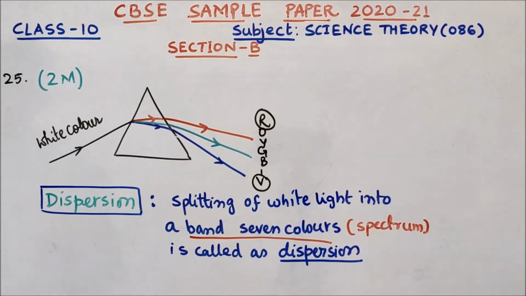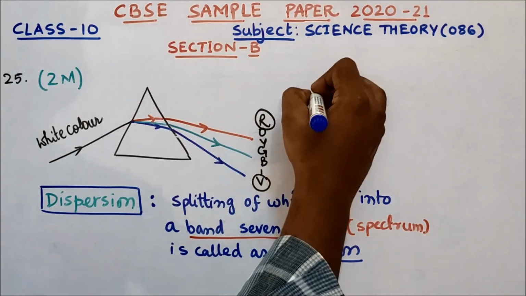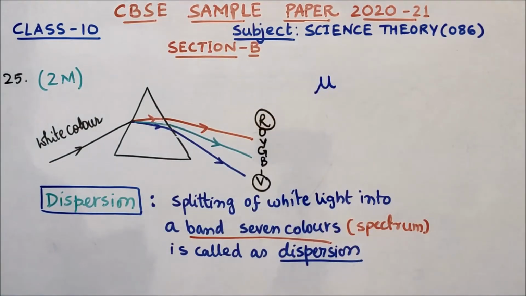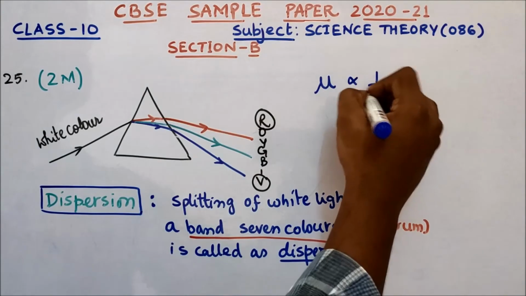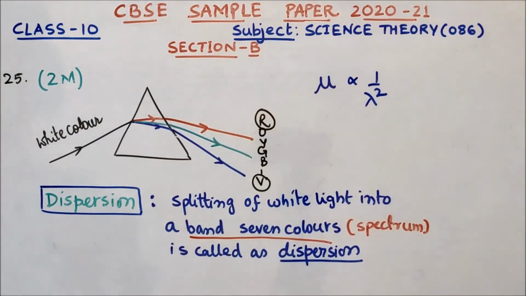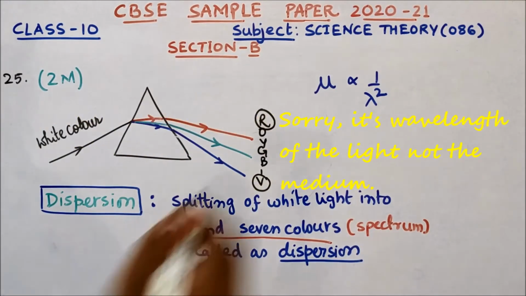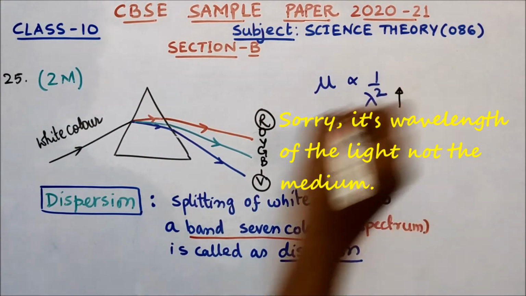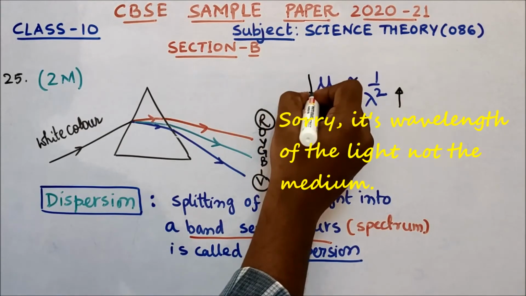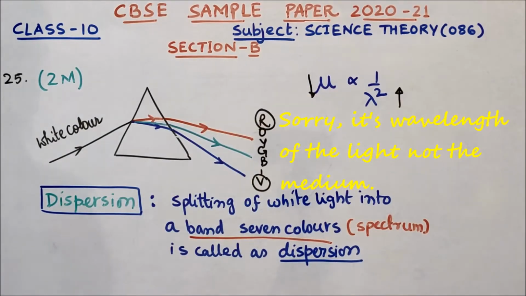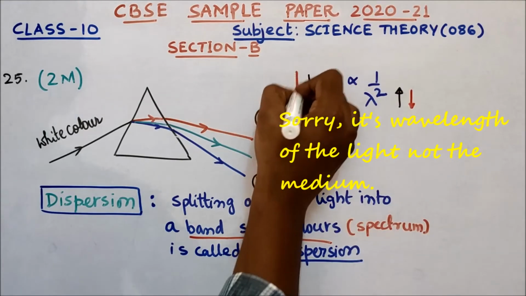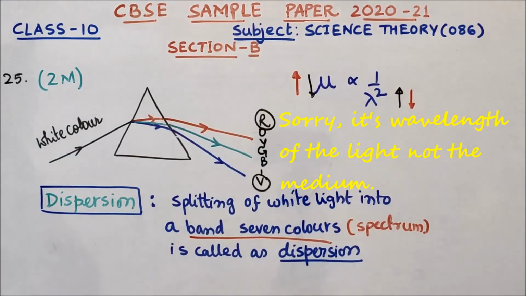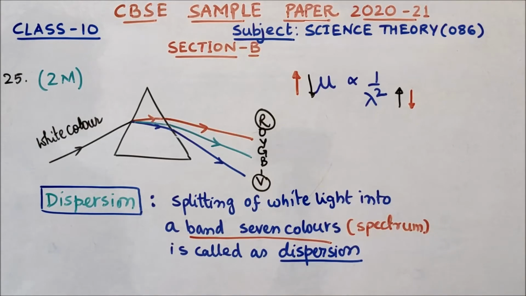Actually, the refractive index of a medium is inversely proportional to the square of the wavelength of the light. So if the wavelength is more, the refractive index will be less. Conversely, if the wavelength is less, the refractive index is more. How is this going to affect here?